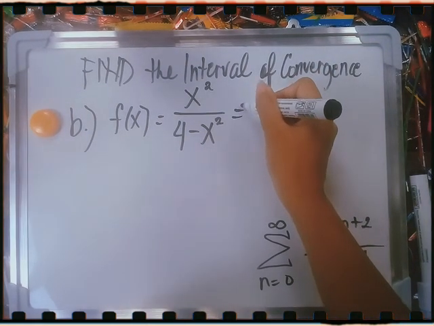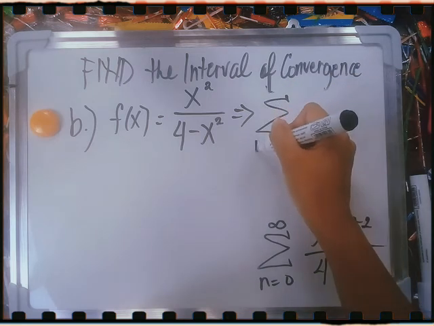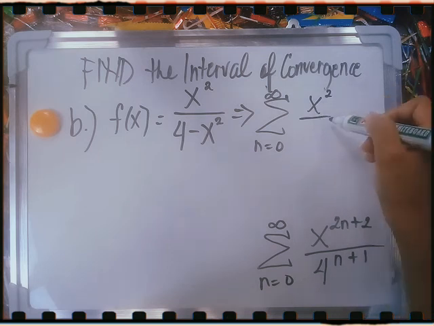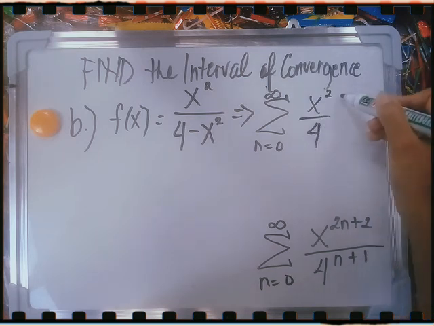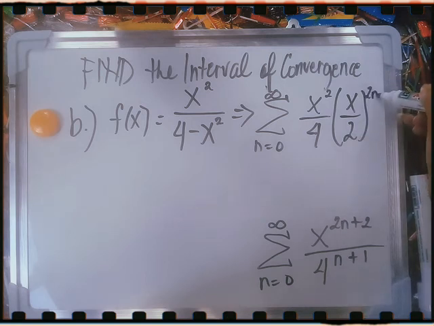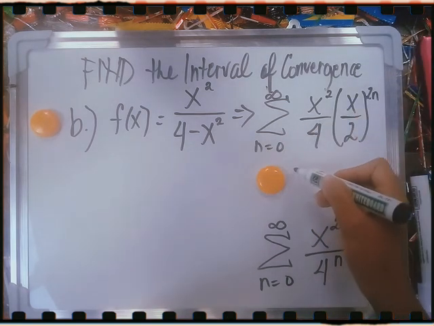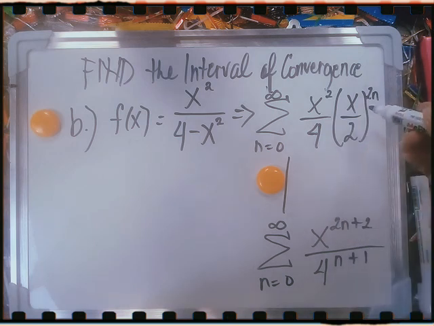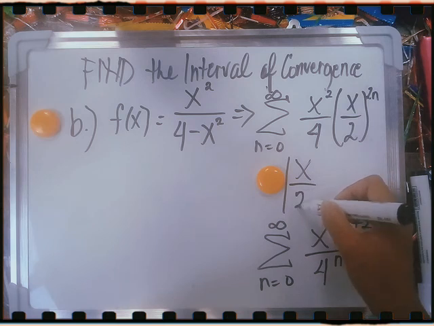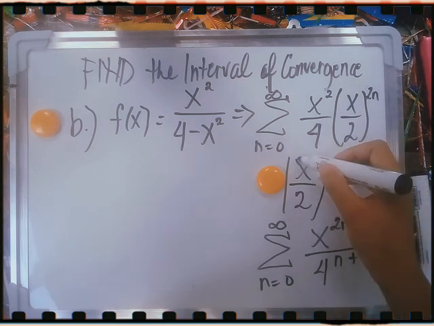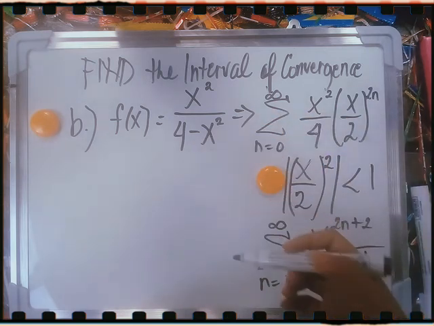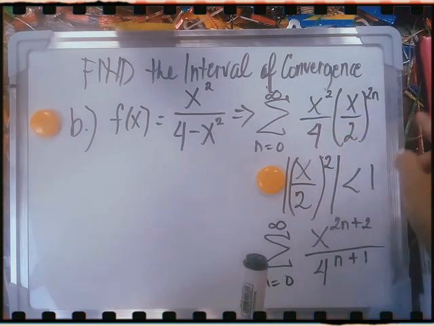So, ang nakuha nating power series, the series n is equal to 0 to infinity of x squared over 4 times x over 2 raised to 2n, in which the absolute value of x over 2 raised to 2 is less than 1 for the series to converge.